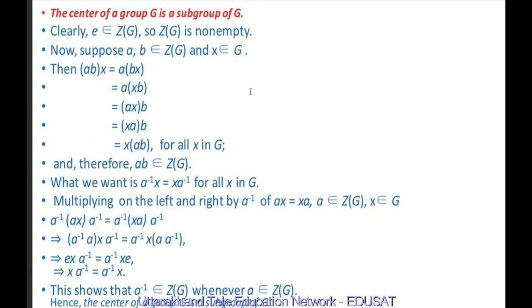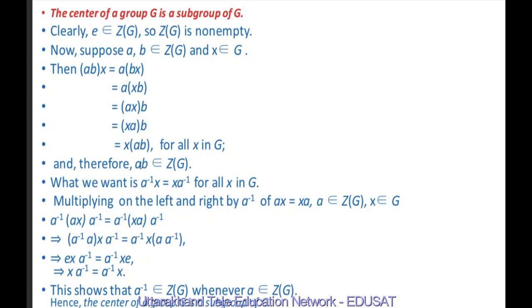If these two conditions are satisfied, then that subset is a subgroup of G. So to prove that any subset is a subgroup, we need only two properties: the product of two elements should be in that set, and the inverse of each element of the set should also belong to that set. If these two conditions are satisfied, then that subset is a subgroup of a given group.